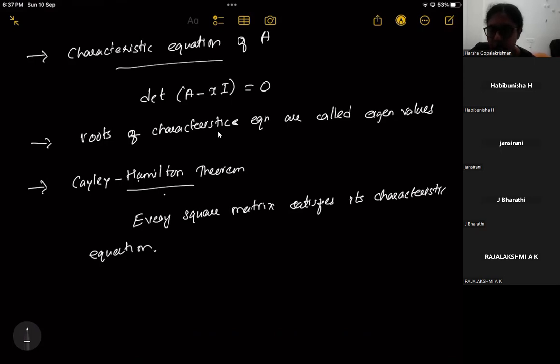What it says is that if in place of x we put the value A, it will satisfy this equation. That means we will get the 0 matrix.